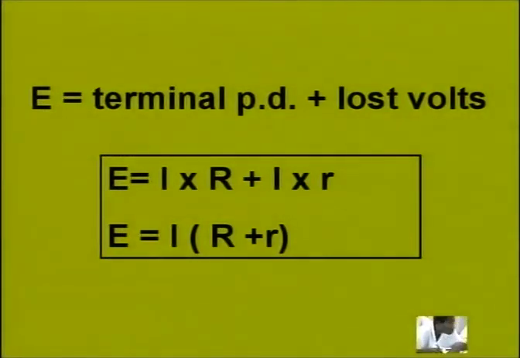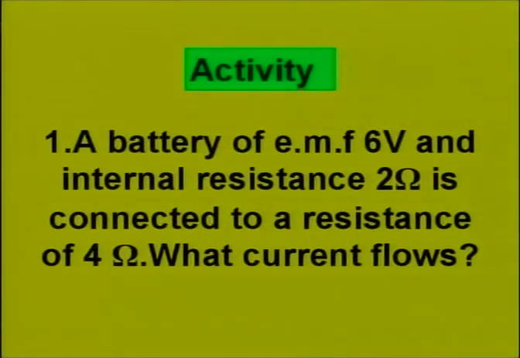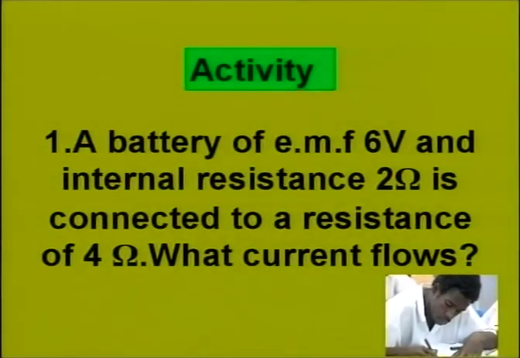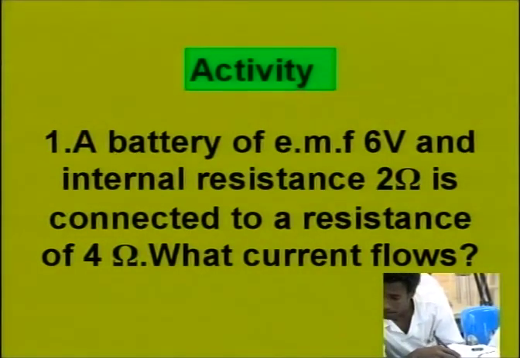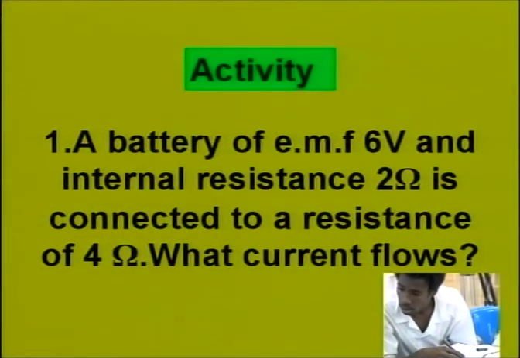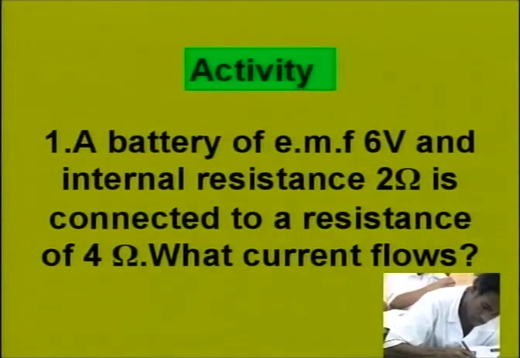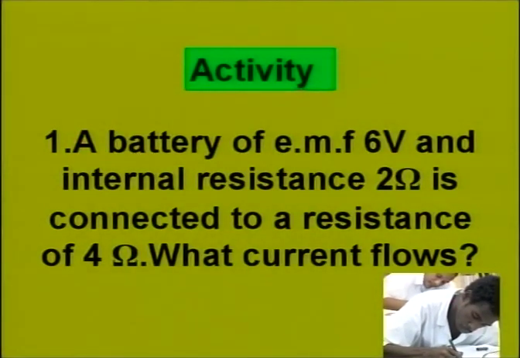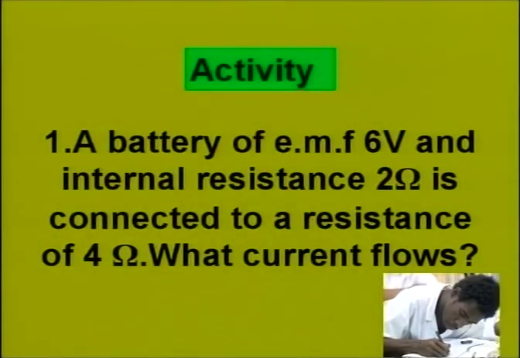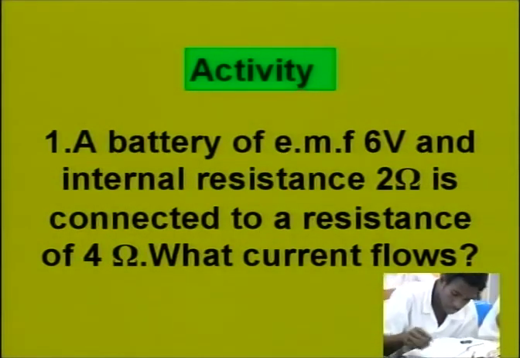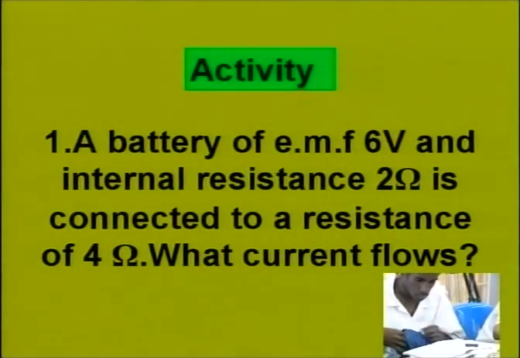Number one: you have a dry cell or a battery of electromotive force 6 volts, and the internal resistance is 2 ohms, and it's connected to a resistor of 4 ohms. What current will flow through?